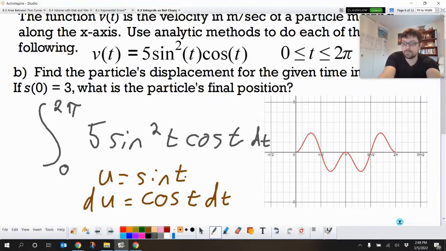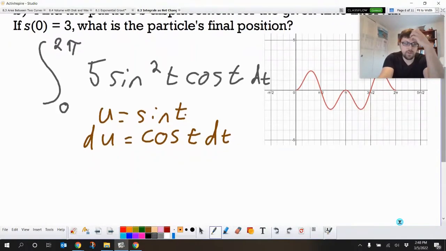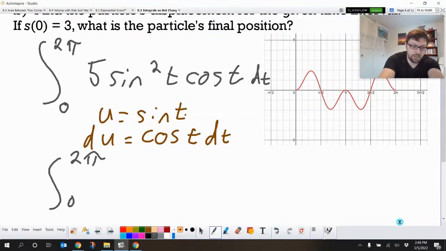There we go. So when I substitute that in, I get the integral from 0 to 2 pi. That 5 is just going to sit there. We can even chuck it out front because we don't really need it. And we get u squared, and this cosine t dt gets replaced with just a du.